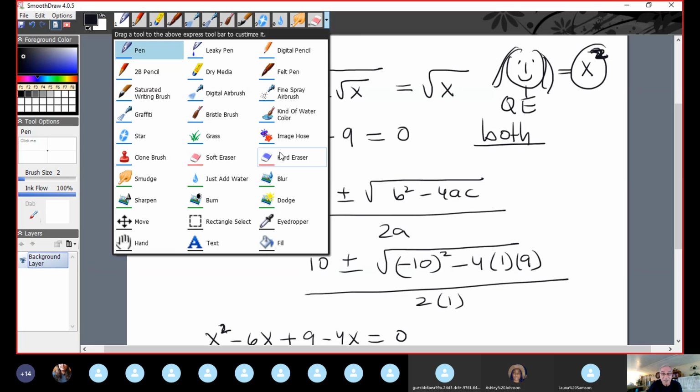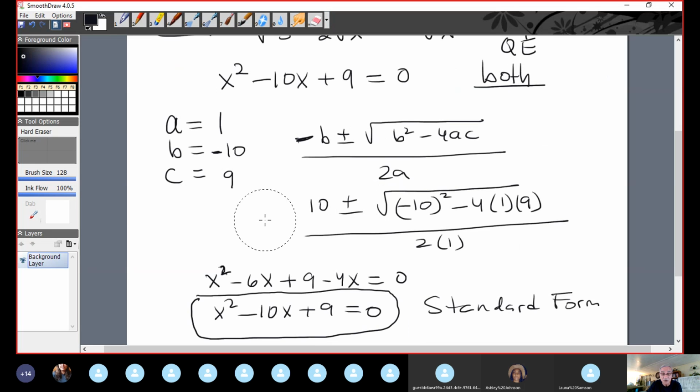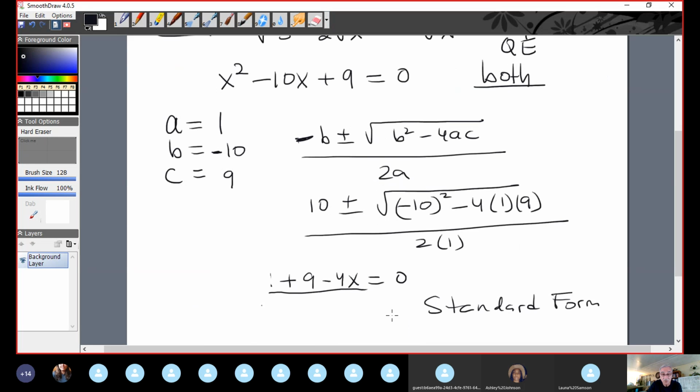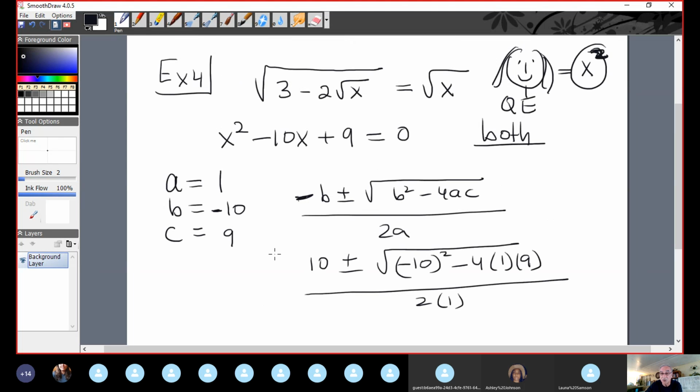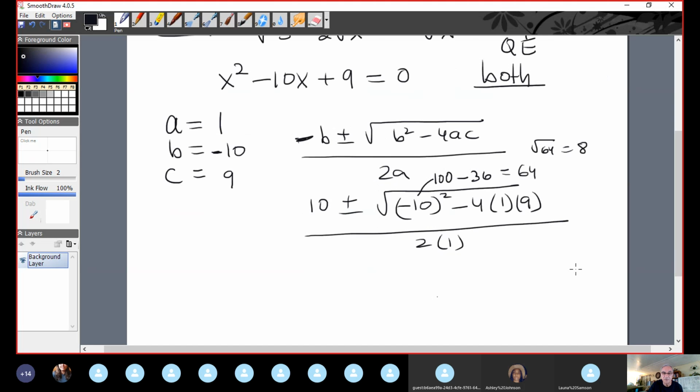So you take the calculator, in the test you can use a calculator, of course. 10 squared is 100, right? 100 minus 36, 4 times 1 times 9 is 36. Subtraction, 64. What's the root of 64? 8. So far we have 10 plus or minus 8, divided by 2.